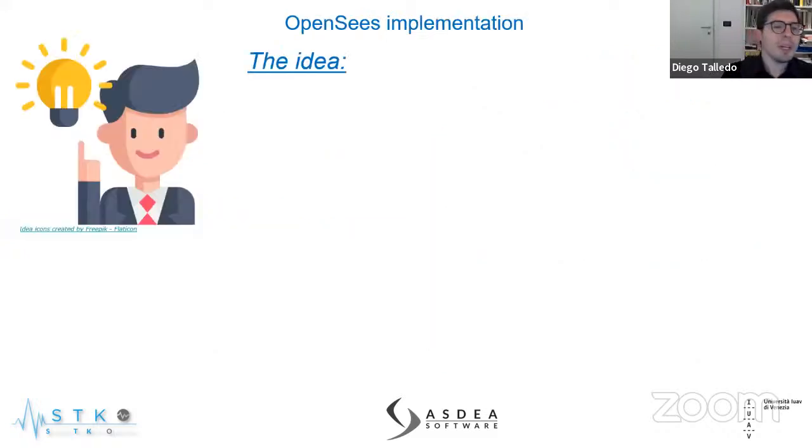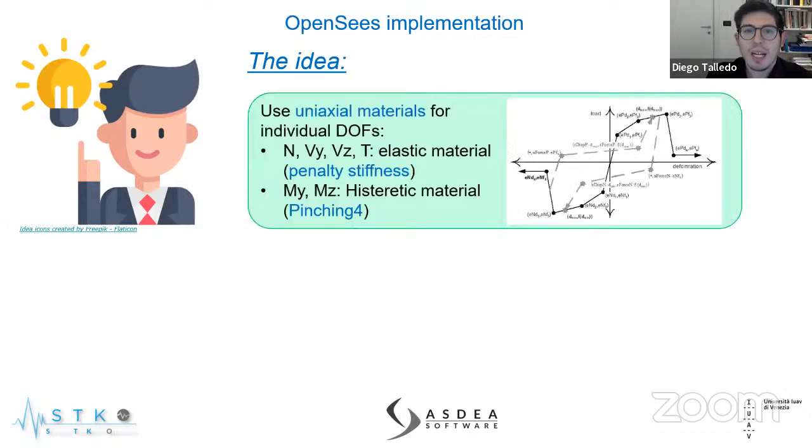So how can we describe very briefly the idea? The idea is starting from the uniaxial materials for the individual degrees of freedom. In the current version that we are presenting today, for the axial degree of freedom, the torsional degree of freedom, and the two shear degrees of freedom, we are adopting a penalty approach. So we are using an elastic material with a high stiffness.